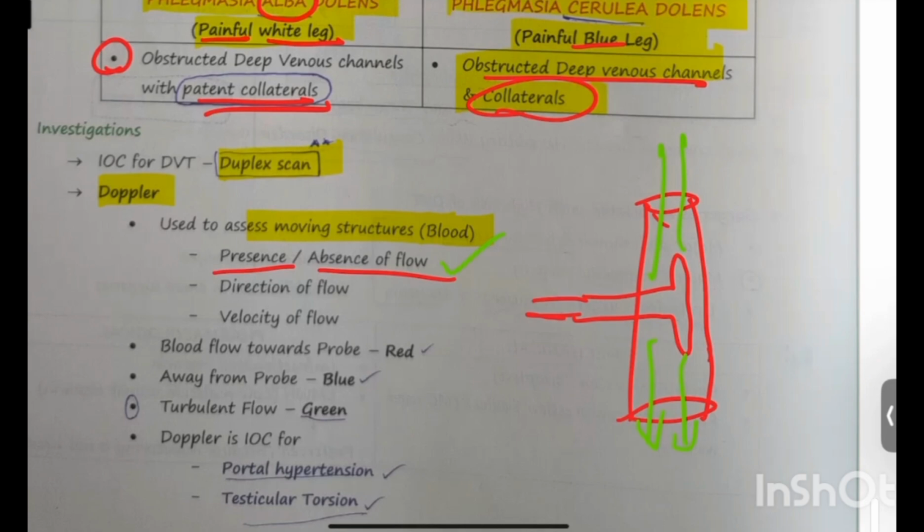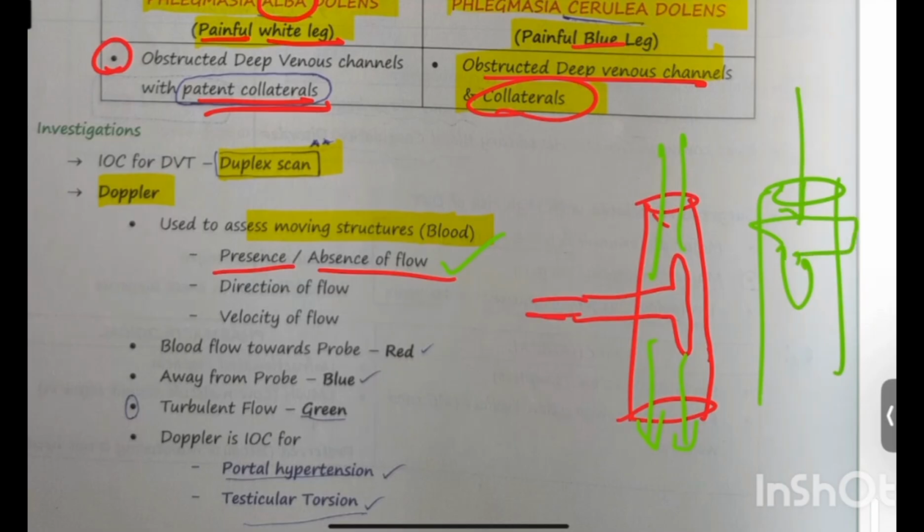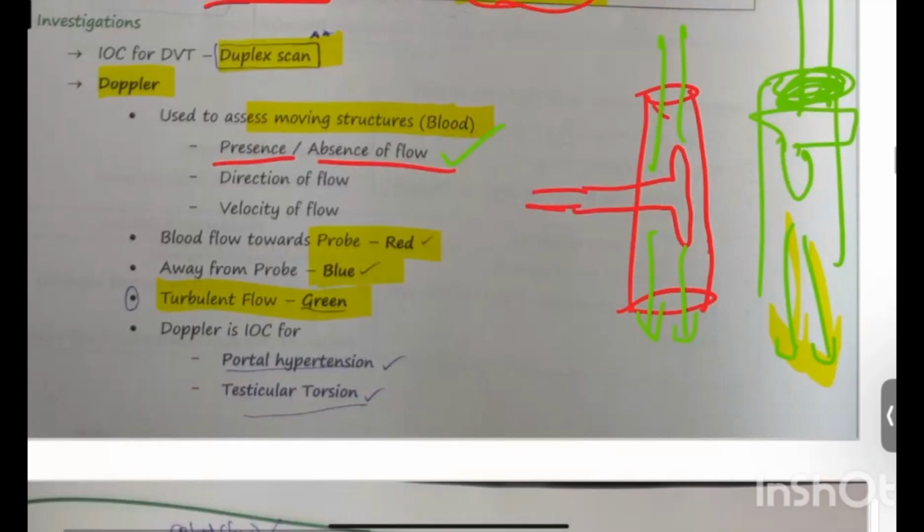If we keep this probe like this, and the blood flow is like this, it will show in red color, because it is detecting the blood coming towards it. So if the blood flow is towards the probe, it will be red in color. If the blood flow is away from the probe, it will show in blue color. Based on this, we can say the direction of the blood flow also. Other than that, if there is a turbulent flow, it will show in green color.